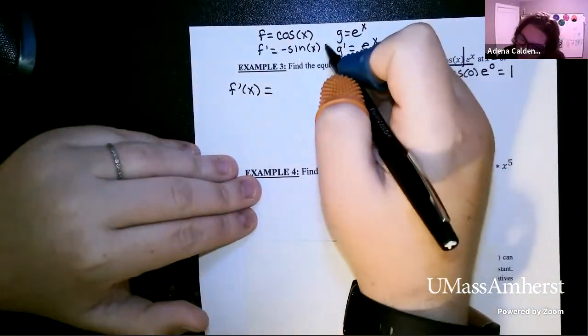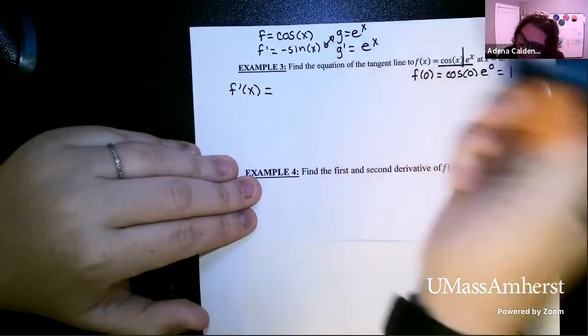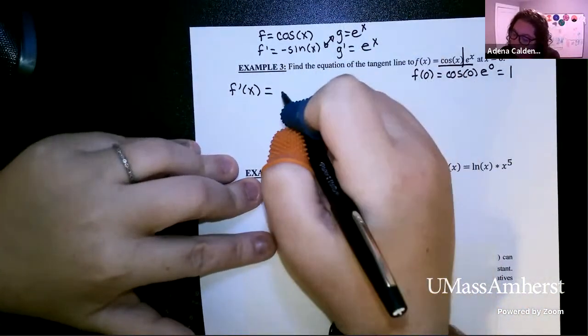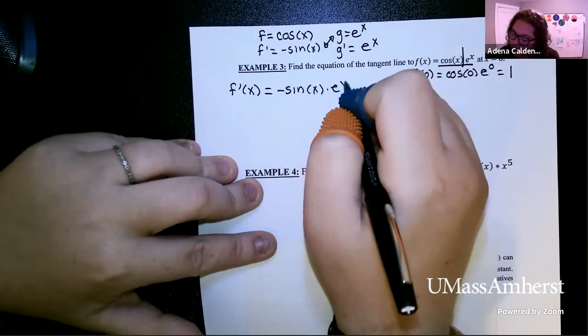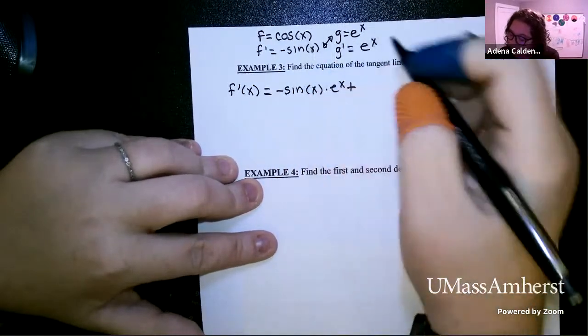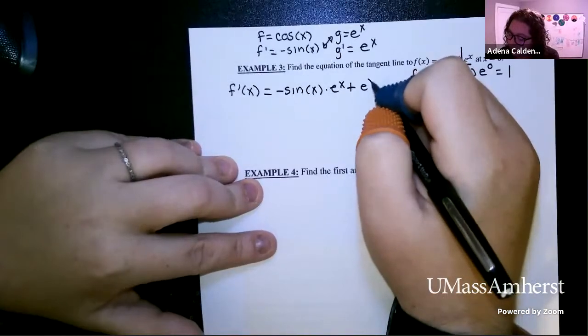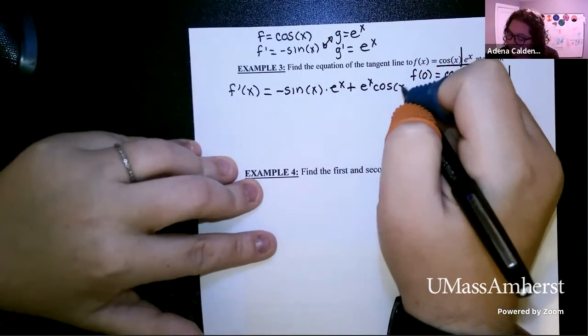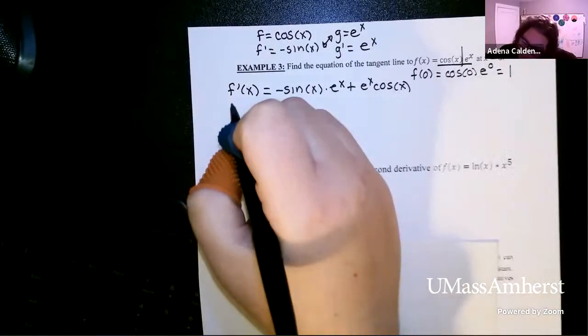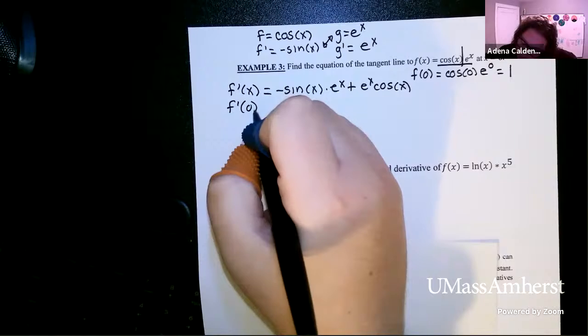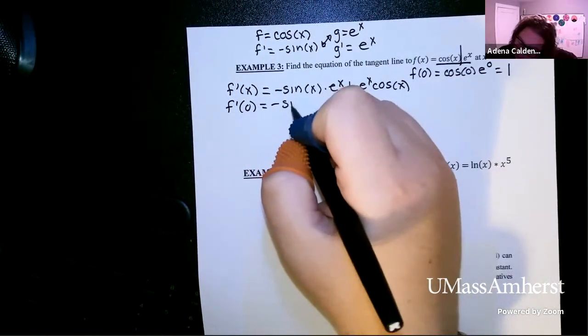So now I'm going to cross multiply. So f prime times g gives me negative sine x times e to the x plus g prime times f. So I have e to the x cos x. So my derivative looks something like this, and I want to know what that value is at 0.